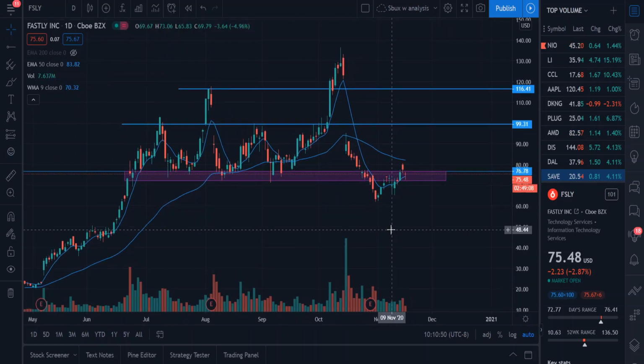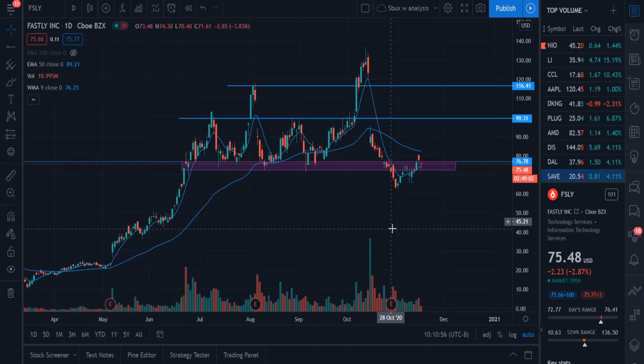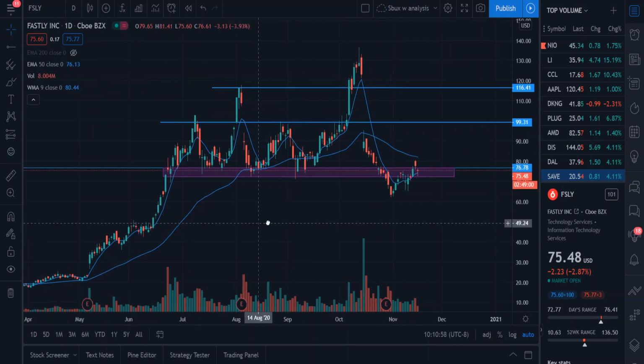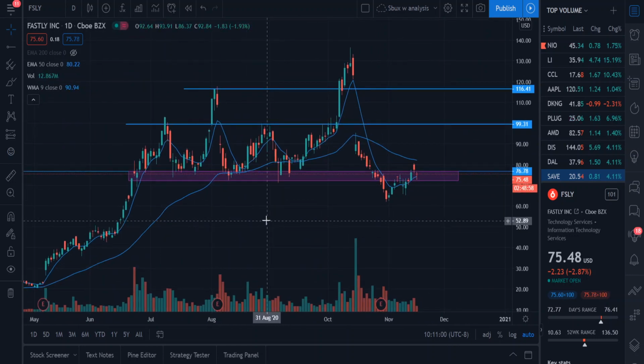And once that box was broken, we actually made over 300% return on an options play. So that was extremely good when we identified that rectangle and that area of support or resistance. And now I want to show you the similar thing, but in the opposite direction on Fastly stock.